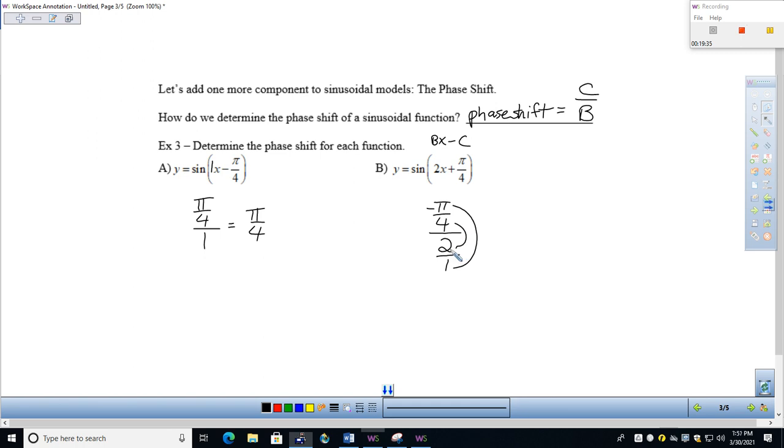I've shown you that before. So think of it as negative pi times 1, so negative pi, 4 times 2, so negative pi over 8. Excellent. So remember, a negative phase shift means that we're moving to the left on the coordinate plane. Keep that in mind if you would.